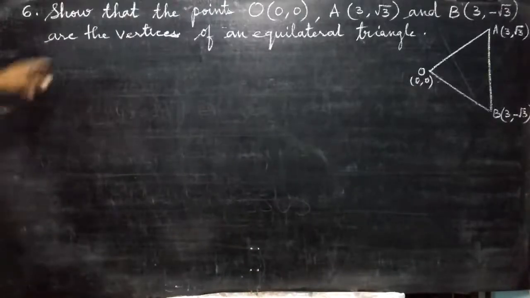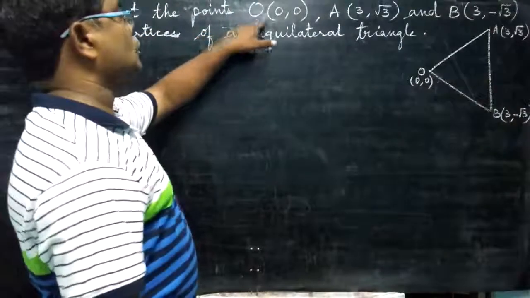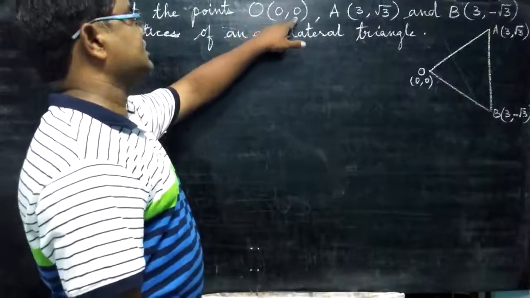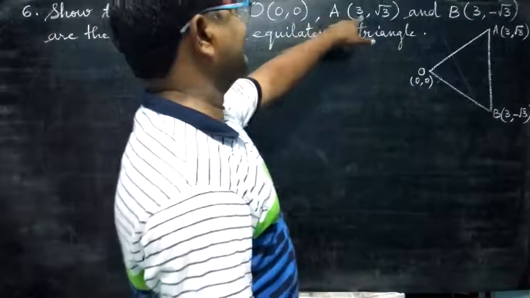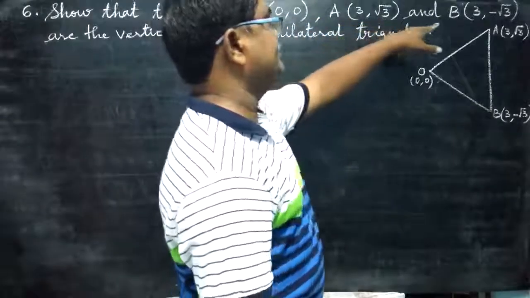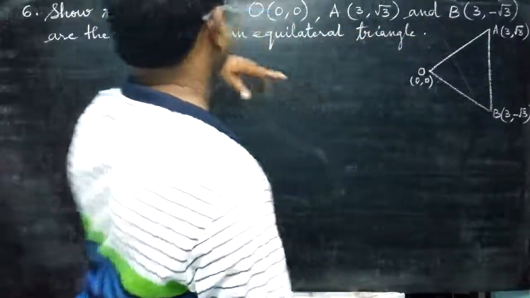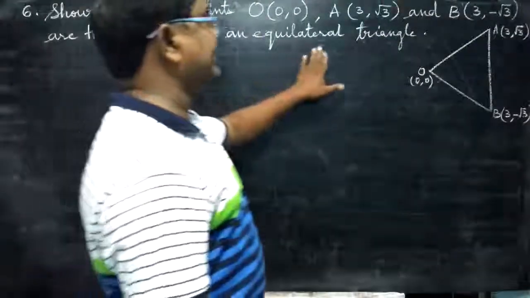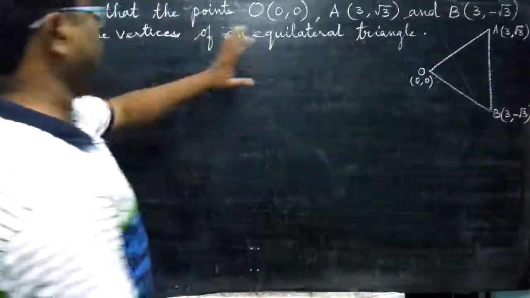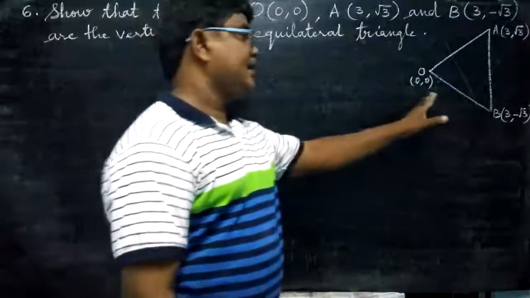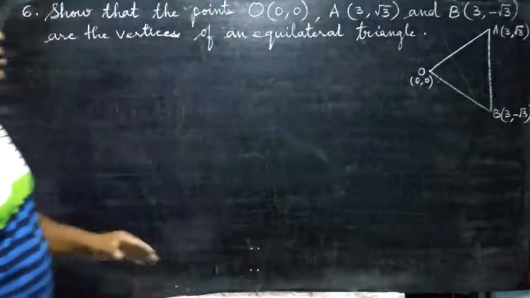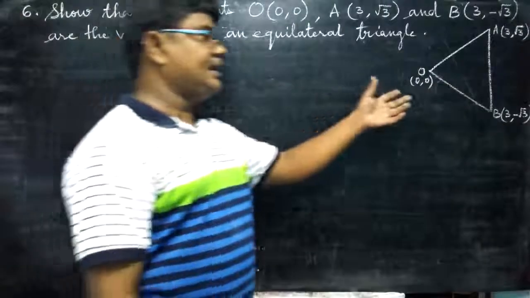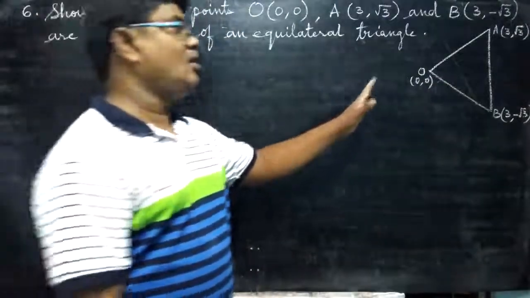Sixth problem. Show that the points O, the origin (0, 0), A (3, root 3) and B (3, minus root 3) are the vertices of an equilateral triangle. They are asking to show whether the given triangle is equilateral or not. What are the properties of an equilateral triangle? All sides are equal, all angles are equal.